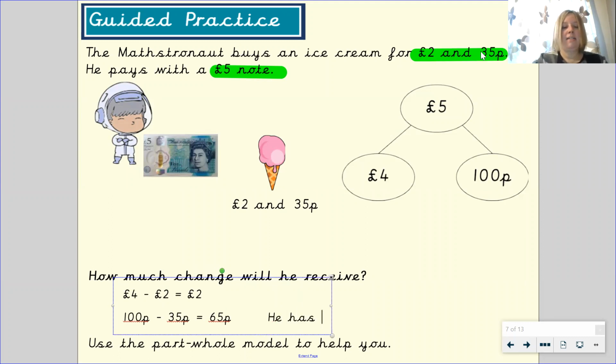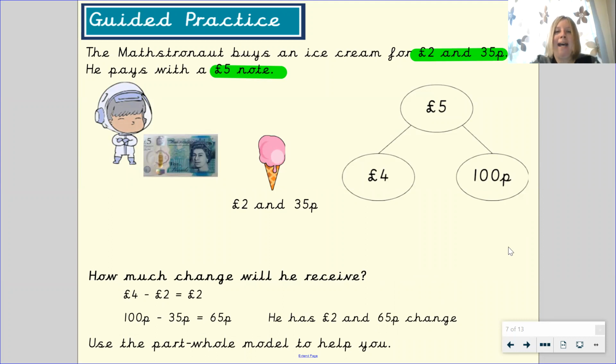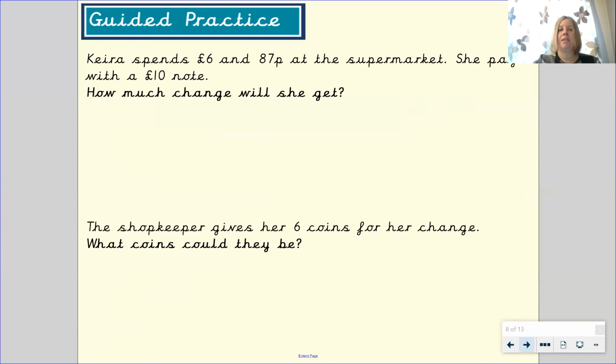He has £2.65 change. So using the part-whole model helped me to break the £5 note down into parts to help me to solve the problem.